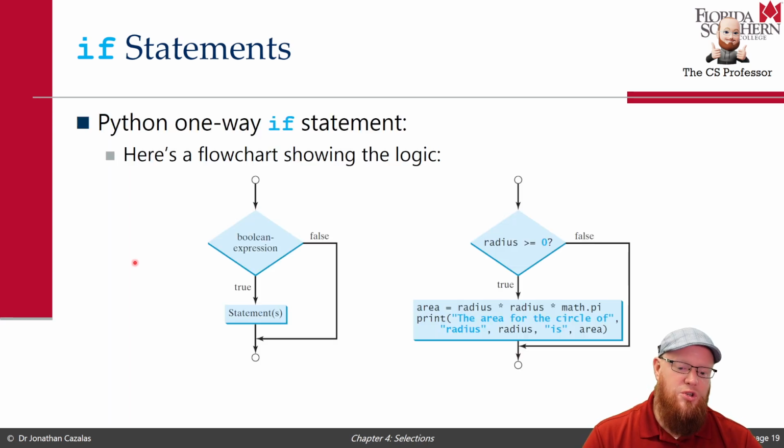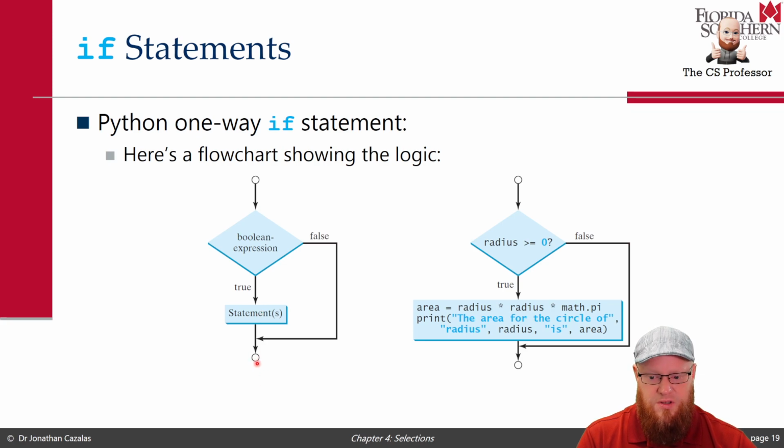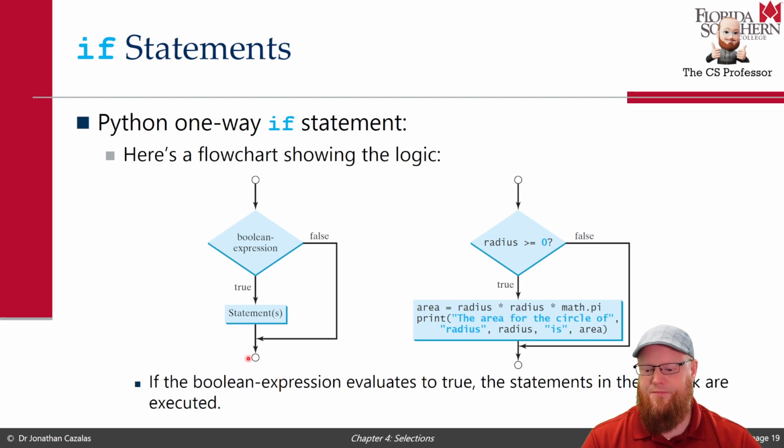And here is a flow chart showing what we just covered. If you have a Boolean expression, if it's true, you execute the statements, and then you proceed to the rest of the program. If that Boolean expression were false, you would skip those statements, they would not be executed, and then you would continue on afterwards.